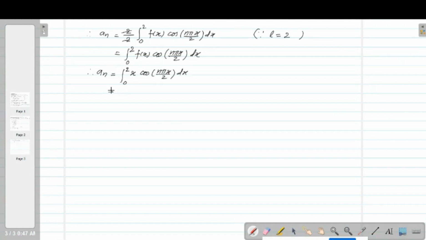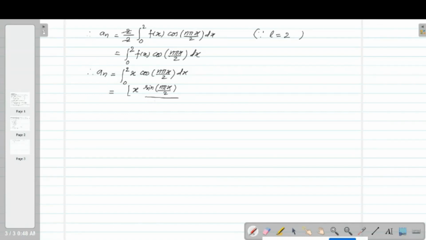Just integrate it by using generalized integration by parts. So this is equal to what? We will integrate. First term is u, second term is v. So u is x, and integration of v: what is the integration of cos? Yes, sine. Integration of cos is sine. So sine n pi x by 2, and divide by their coefficient.